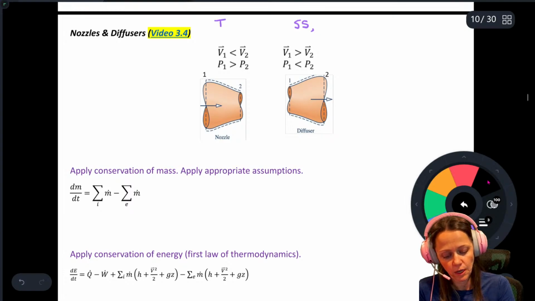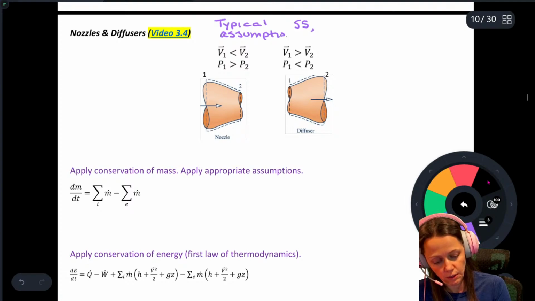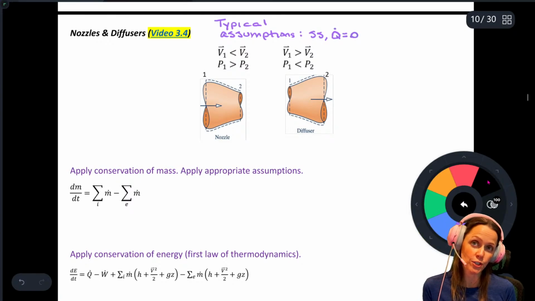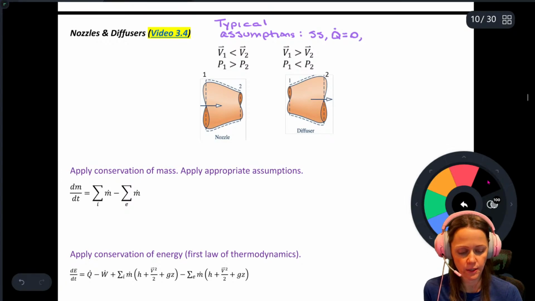So the typical assumptions that we're going to make for nozzles and diffusers: steady state, and unless otherwise specified, no heat transfer. You'd have to consider heat transfer if you had a really hot or really cold fluid, where there was a temperature difference between the fluid flowing through and the ambient. But typically, we're not really concerned about that.